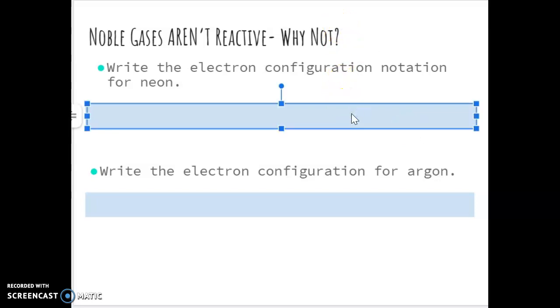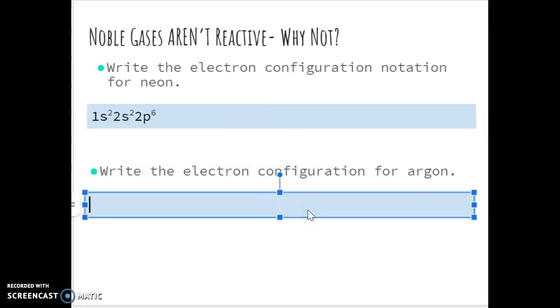So, for example, neon has 10 electrons, and argon has 18.